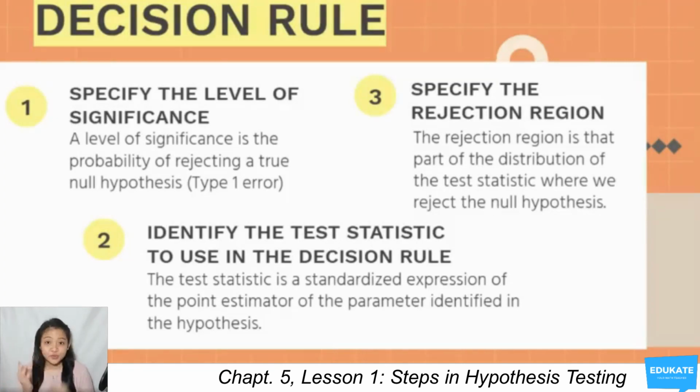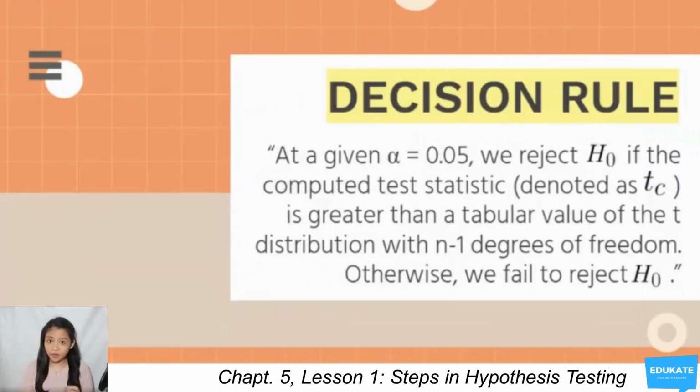Third one is to specify the rejection region. So the rejection region is the part of the distribution of the test statistic where we reject the null hypothesis. So an example of a completed decision rule is as follows. At the given alpha or level of significance of 0.05, we reject the null hypothesis if the computed test statistic denoted as T sub C is greater than a tabular value of the T distribution with n-1 degrees of freedom.